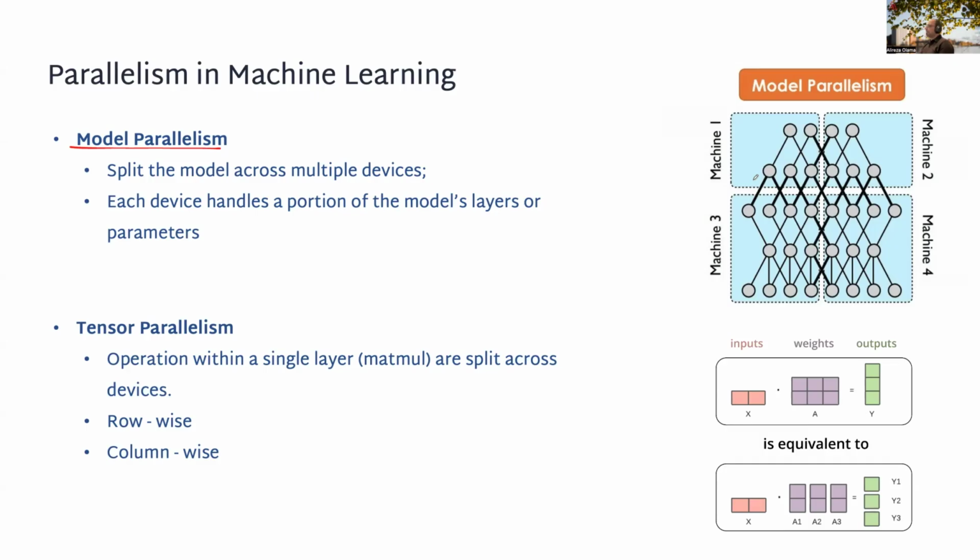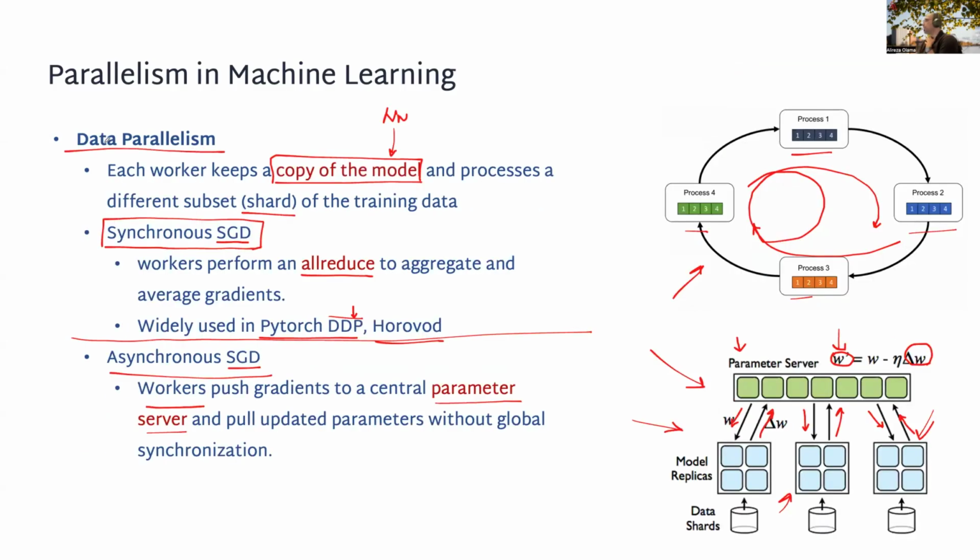You can assign a whole layer, or you can assign some tensors within a layer. This is called model parallelism, and it is usually used when you have a very big model, like transformer models, where you have a large number of parameters and you cannot really fit your model into a single GPU. But in data parallelism, the assumption was that you cannot really fit your data into your machines, but you can actually fit your model in the GPUs within a machine.